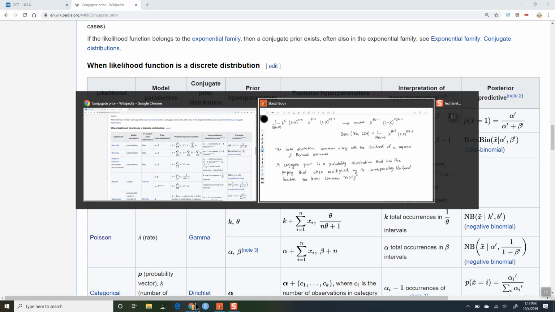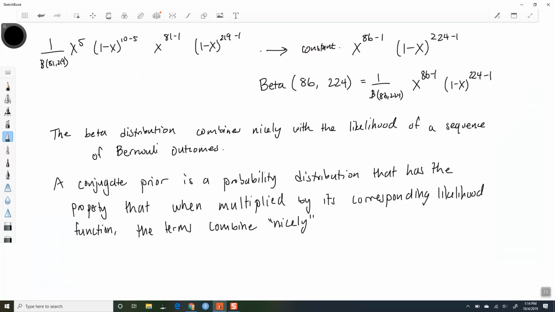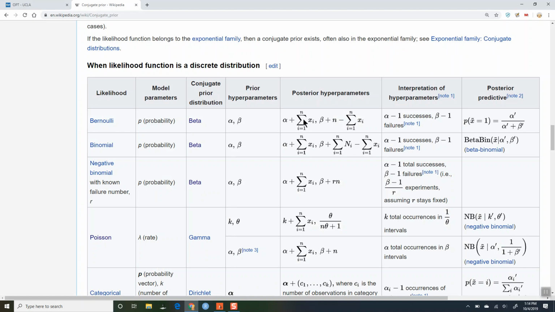When we went from 81 and 219, and we had 5 hits and 5 misses, the result was 86 and 224. It's saying the resulting shape parameters will be 81 plus the sum of the successes, so 81 plus 5 gives us 86.